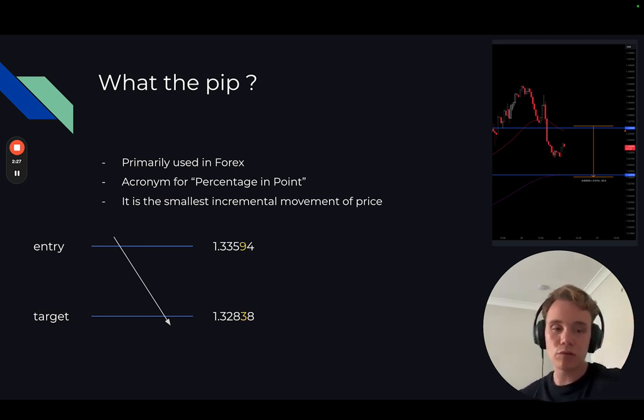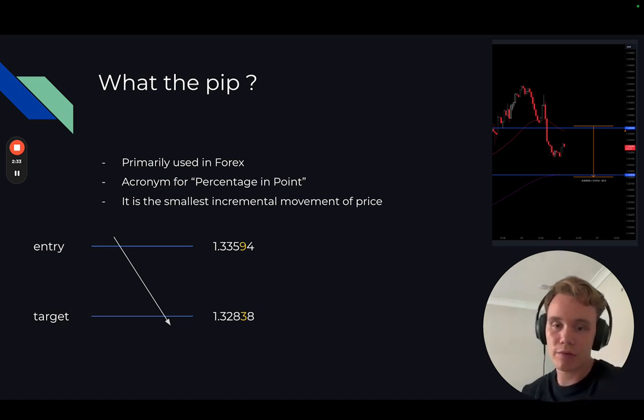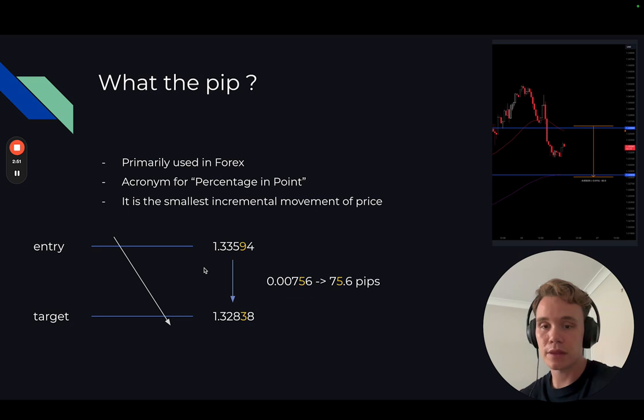As a general rule of thumb, it's the figure that's 1 over from the last, and that represents the single pip. If we now subtract the target from the entry, because the target is less than the entry, we are left with 0.00756, and that translated is 75.6 pips, meaning that the distance from the entry to the target is 75.6 pips.